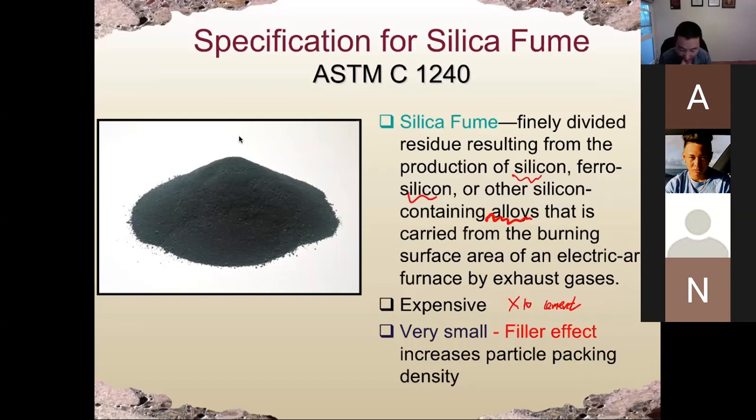One of the reasons is called the filler effect, because silica fume is very small, around 1% the size of cement. And because of that, it can increase the so-called packing density of concrete.